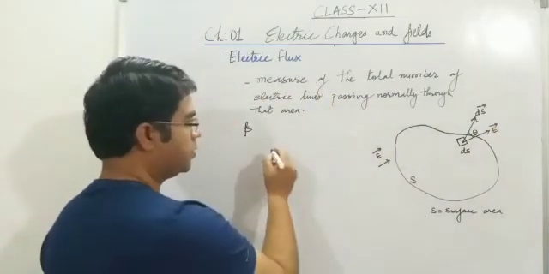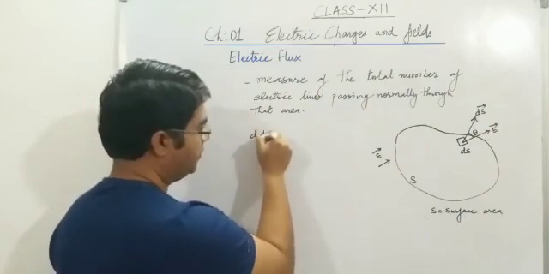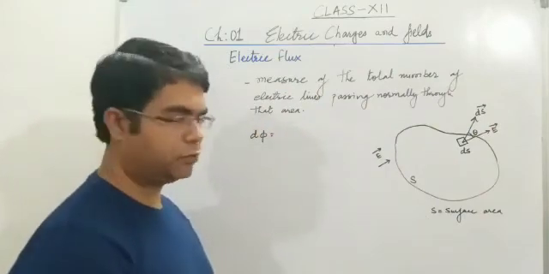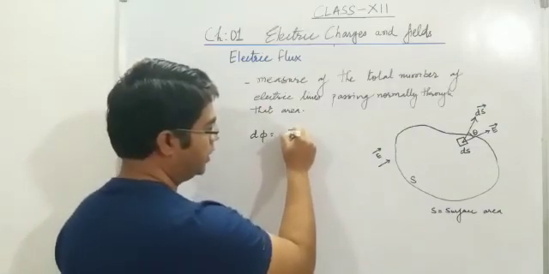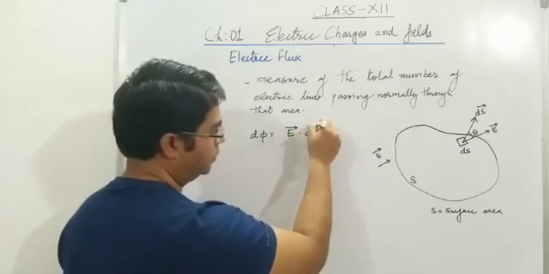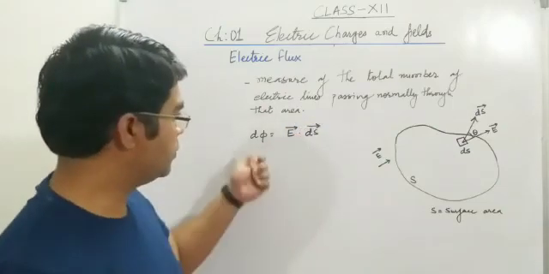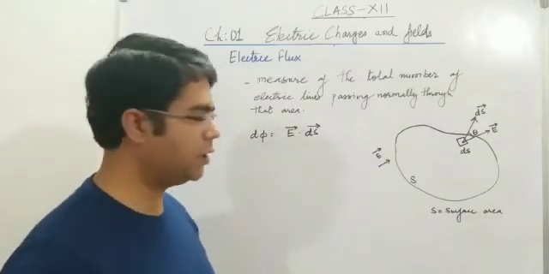So the electric flux through this small surface, that is d phi, is equal to the dot product of the electric field and the area vector. The small amount of flux passing through this surface is equal to vector E dot vector ds.